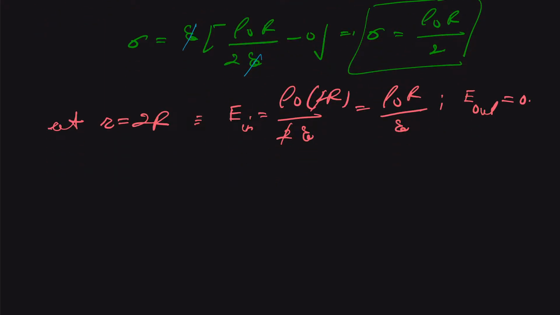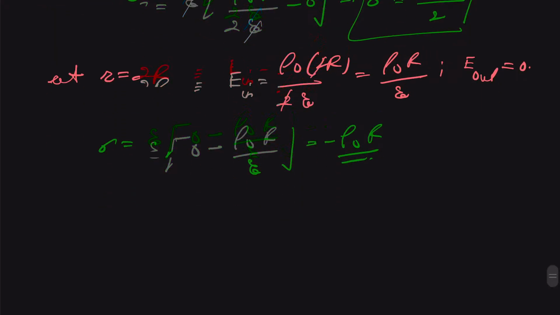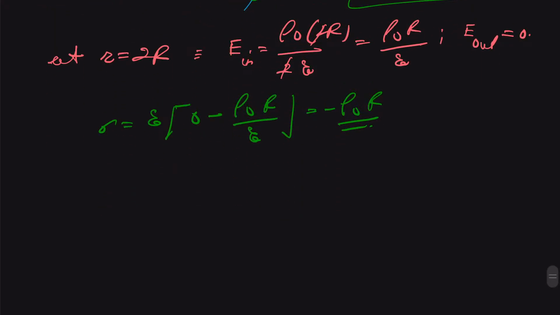We simply once again substitute it, we get our charge is equal to epsilon naught, this comes as 0 minus rho naught R upon epsilon naught. The epsilon naught cancels out, so this comes as minus rho naught times R. So this is the value of our respective surface charges.